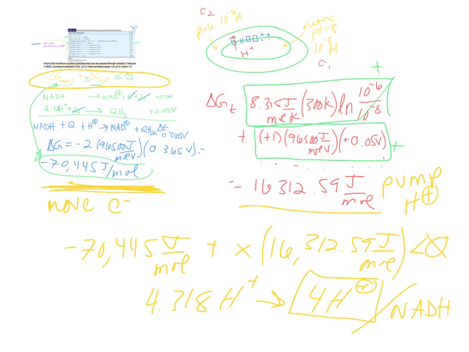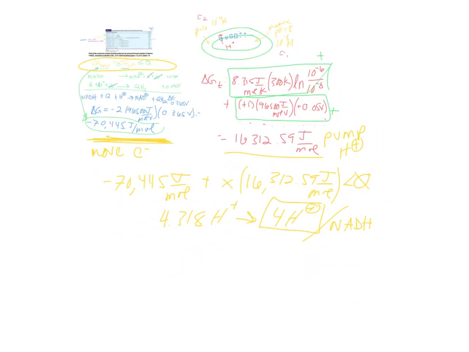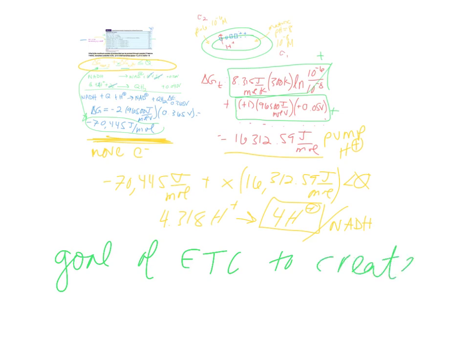And the whole goal here is to create that chemiosmotic potential. So I would say goal of ETC is to create, maybe we'll just do electrochemical gradient.